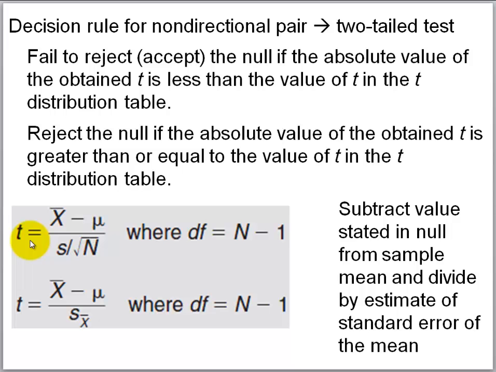Because when you calculate using an estimate of a standard deviation, formally you're calculating a t, not a z. So these are the same formulas that you've already used. And in words, you subtract the value stated in the null from the sample mean and divide by the estimate of the standard error of the mean to carry out a t-test.